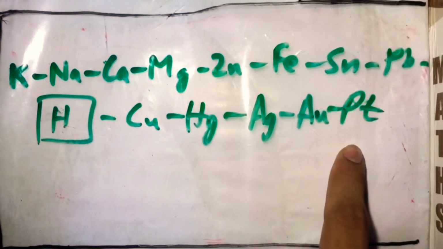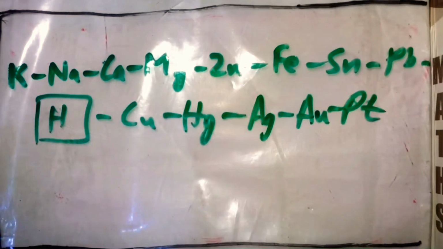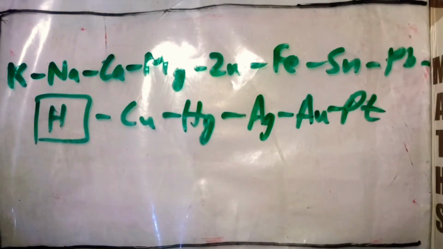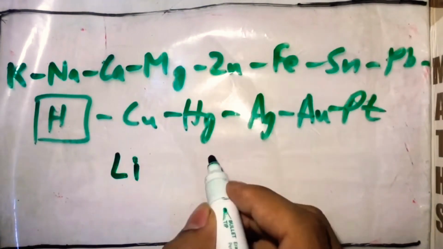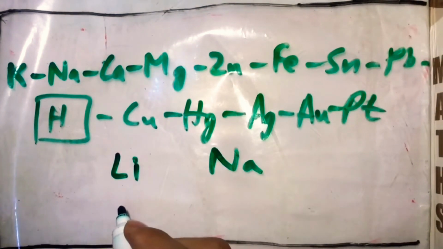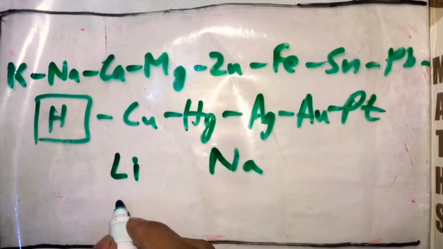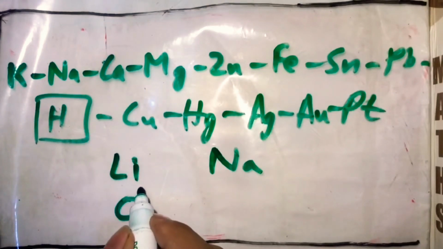Platinum, being less reactive, easily gains electrons. For this we can take the example that in the first group of the periodic table there is lithium and sodium. Now the electronic structure of lithium is like this: there are two shells.